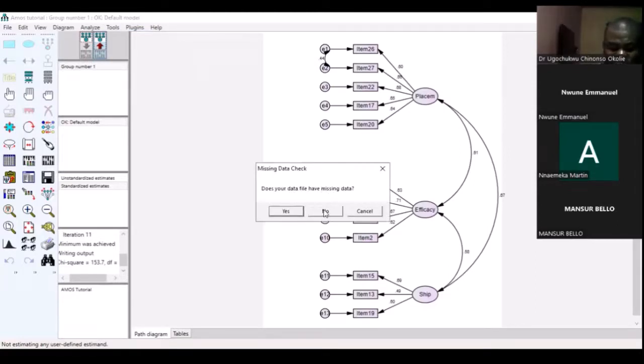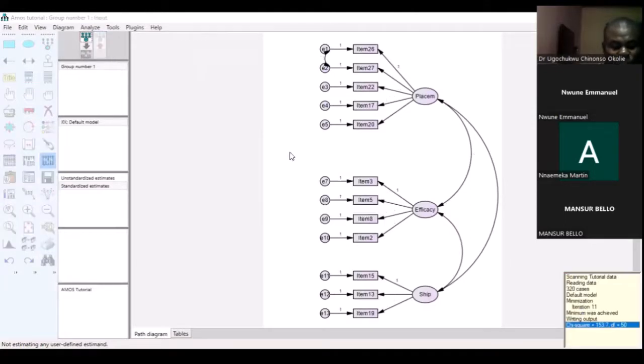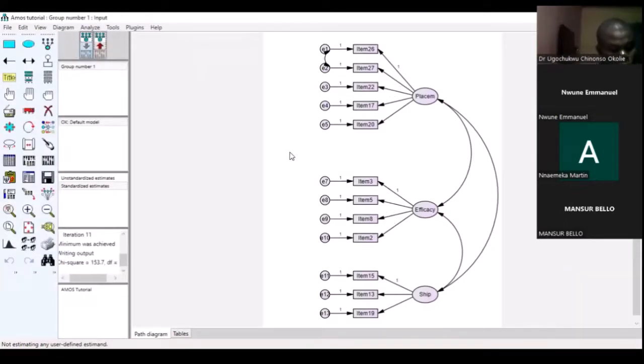I will say no. See why it's very important to ensure that you don't have missing data. It's going to run and produce the results, and then you will see what AMOS tells me about my model fit. Just 1 minute, please. It will take a little while to open.